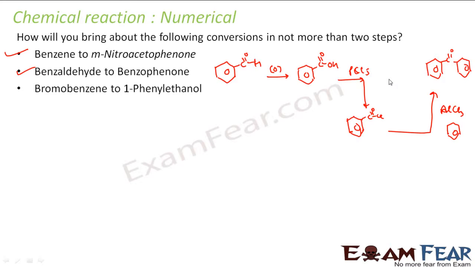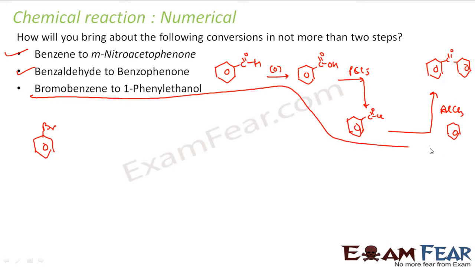The next is bromobenzene to 1-phenylethanol. So I have my bromobenzene. This has to be converted to, let me just draw a line here, 1-phenylethanol. So this is the expected product.